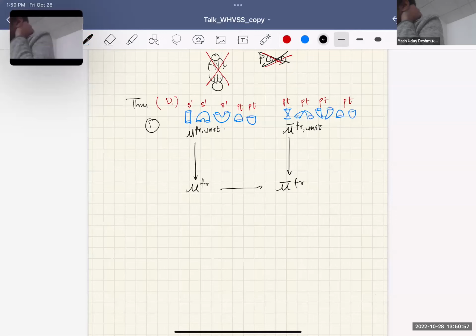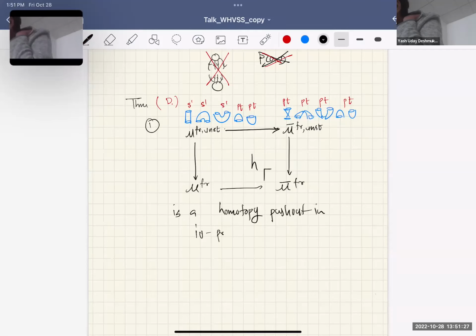What the theorem says is that you consider M-framed, you consider this subproperad of surfaces in the unstable range, and then you push out along the inclusion of these subproperads. When you push out, the result is going to be the M-bar framed properad. This is a homotopy push out in IO properads.